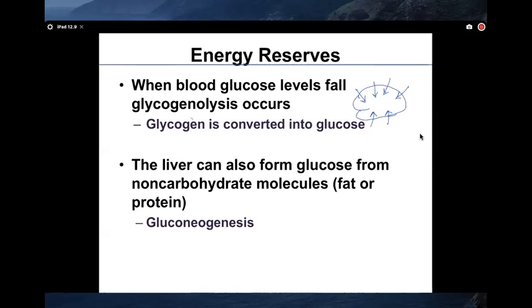First, you're going to be converting the glycogen stored in your liver cells and your skeletal muscle cells into glucose, which is much easier to break down. When you start breaking down the glycogen, it's much easier than the fat. After that, which takes longer to process, you're going to be breaking down the fats and proteins.